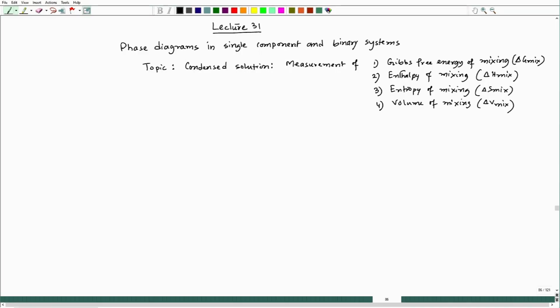So, today we will continue our discussion on the same topic, condensed system, measurement of Gibbs free energy of mixing, enthalpy of mixing, entropy of mixing, and volume of mixing. If you have gone through the lectures of the last 2-3 lectures, you must have seen that we have dealt with condensed solution, either liquid or solid solution, on the basis of Raoultian behavior.